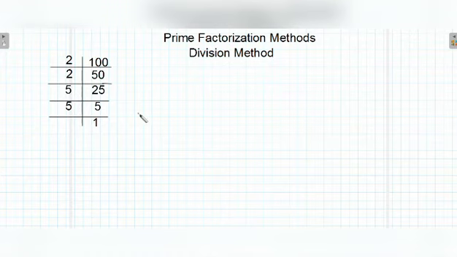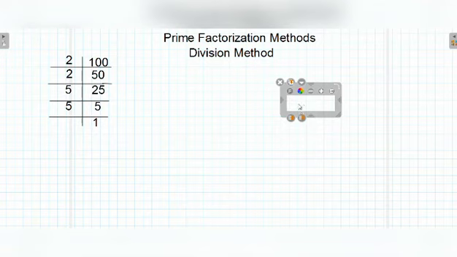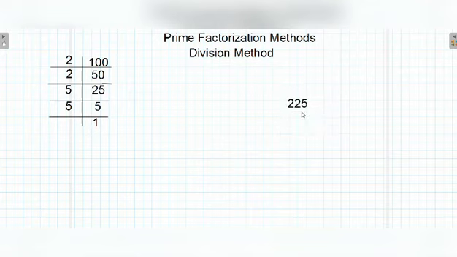Now let's try another example. Let's take the number 225, using the division method. So again, the number 225 ends with 5, so it is divisible by 5.